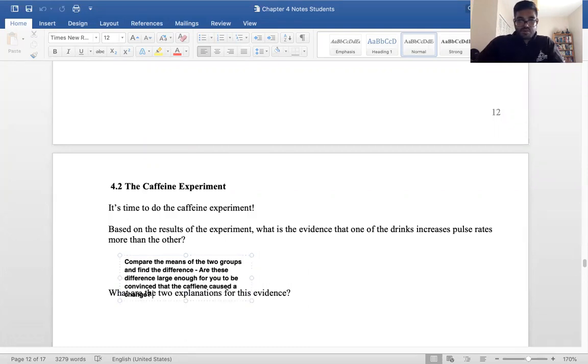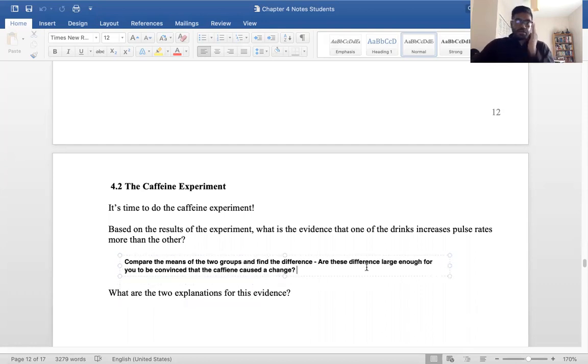That's the ultimate question. So that's going to lead into what we talk about in the next couple of chapters after this, which is significance testing. Now that we notice a change, is it large enough that we're going to say it's significant?